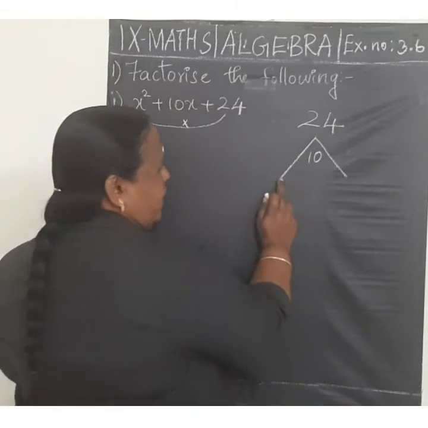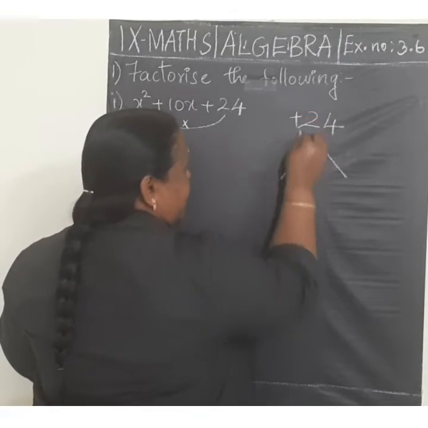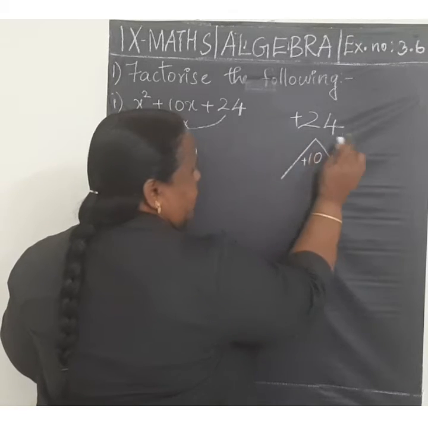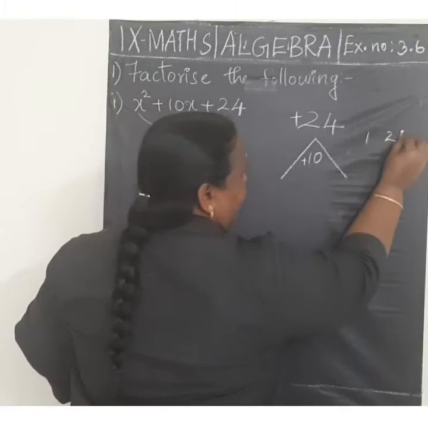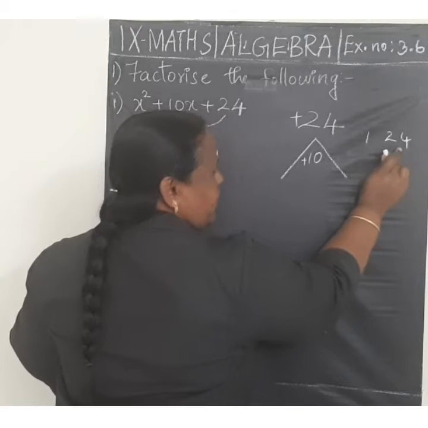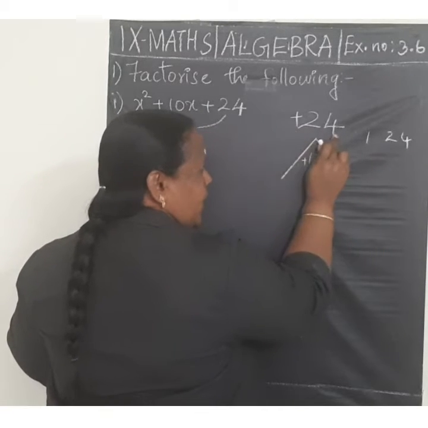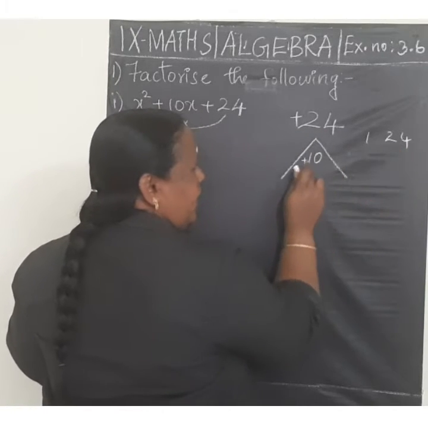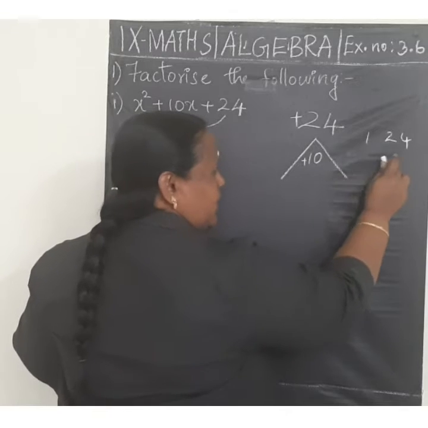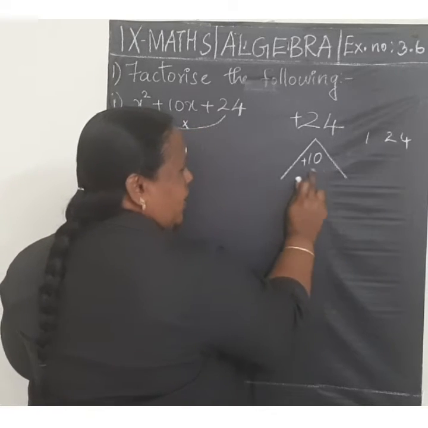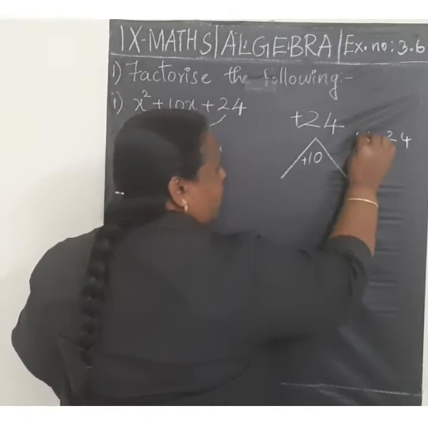Now we have to find two factors for this plus 24. If we take 1 and 24, 1 into 24 is 24, but if we add, we get 25, and if we subtract, we get 23. We are not getting 10, so we can't take this.